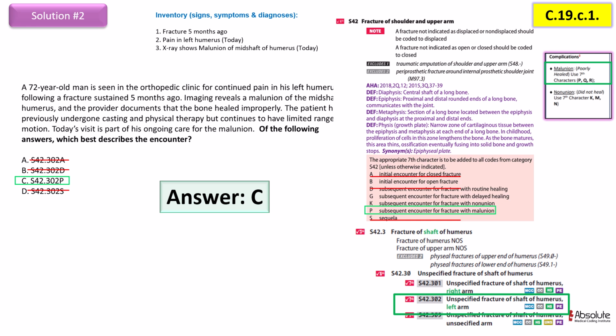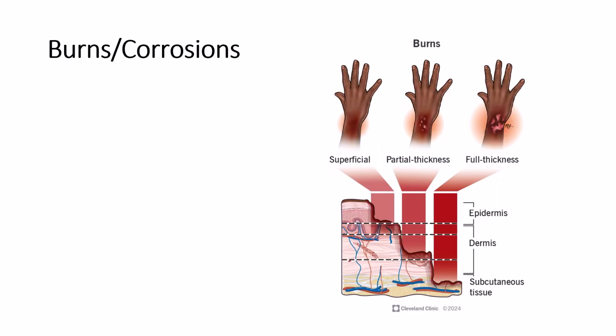Okay, now we're going to turn our attention to burns. And what is a burn? A burn is an injury to the skin or the deeper tissues, and this type of injury is caused by heat, flames, electricity, radiation, or friction. And not only are we coding for burns in this section, we're coding for corrosions. And what is a corrosion?